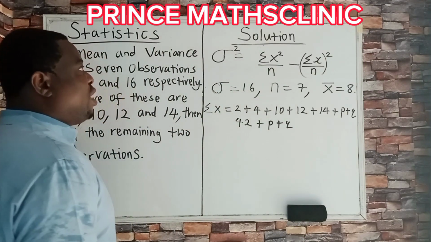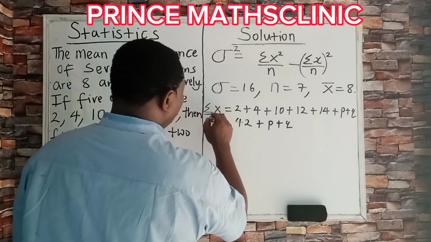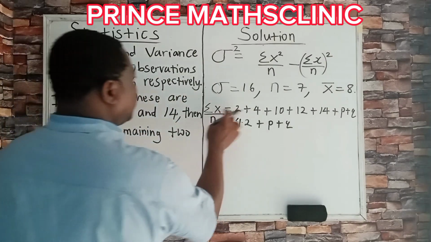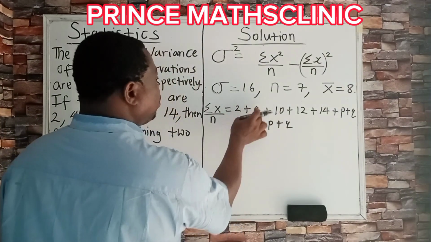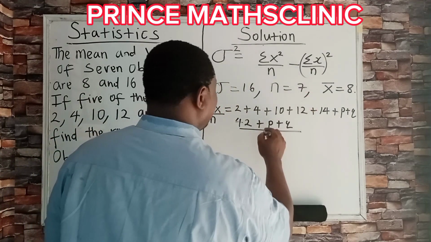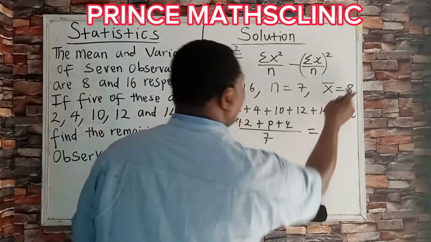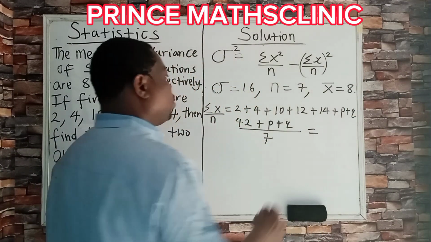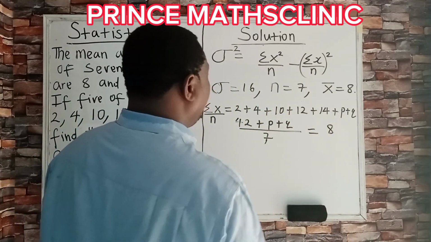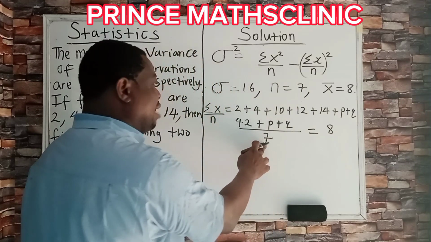Then in the same vein, summation x over n talks about mean, is it not so? So therefore, since this value is the summation of my x, I can divide it by n, and my n here is 7. And since this is our mean, I can equate it to the value for mean that was given to us. So this is equal to 8. From here, if I multiply both sides by 7, to remove this fraction, I have to multiply by the LCM.